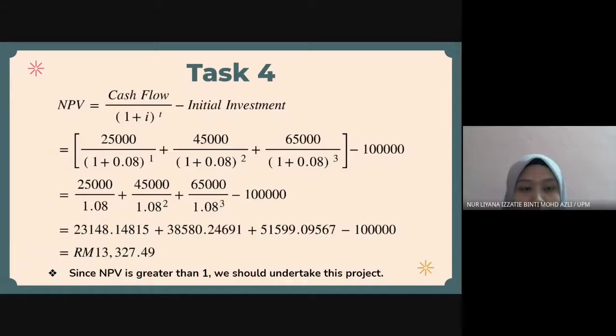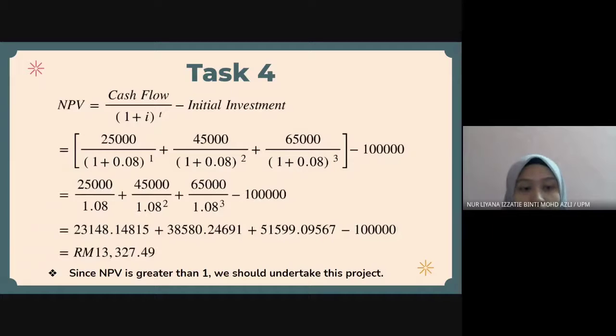So we substitute the values from the question, which is 25,000 over 1 plus 0.08 power of 1 plus 45,000 over 1 plus 0.08 power of 2 plus 65,000 over 1 plus 0.08 power of 3 minus 100,000. So from that we get the answer, which is 13,327 ringgit and 49 sen.